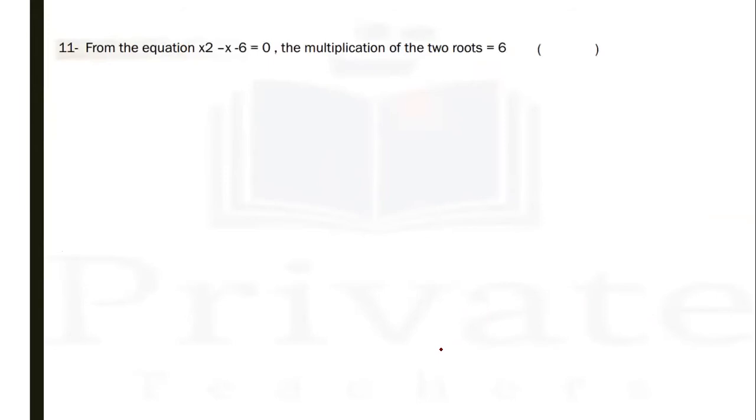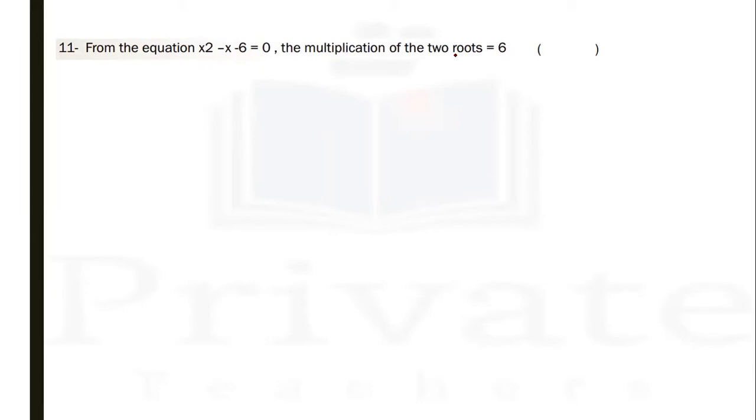Then number 11, from the equation x to the power of 2 minus x minus 6 is equal to 0, the multiplication of the two roots is 6. So here we have to find the multiplication of the two roots and also the sum of the two roots from the equation directly.